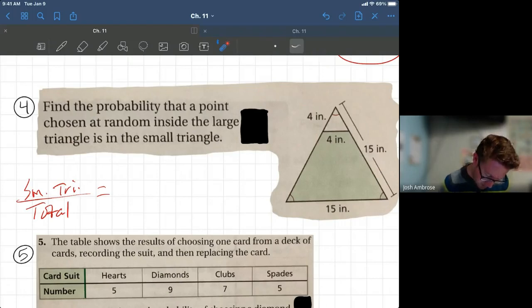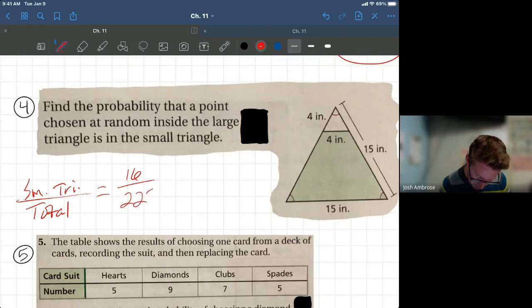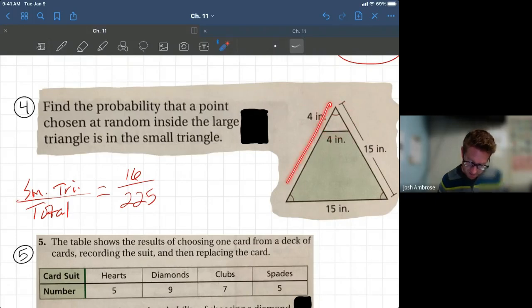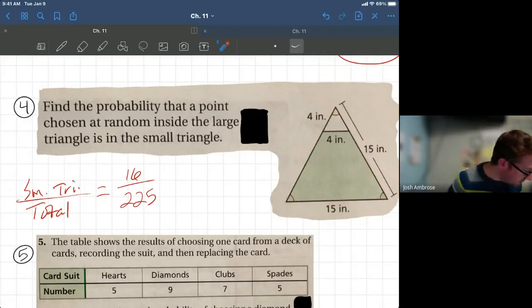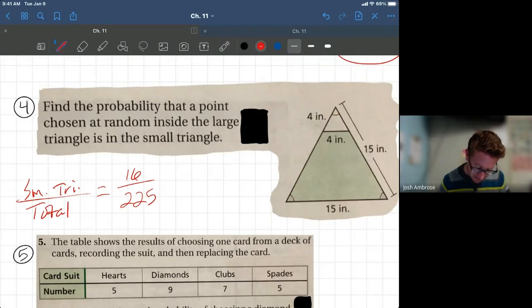So we're getting 16 over 225. So the probability that a point chosen at random is inside the small triangle, but that small triangle is within the whole triangle right there. And that one, I believe we just leave as is, 16 over 225.